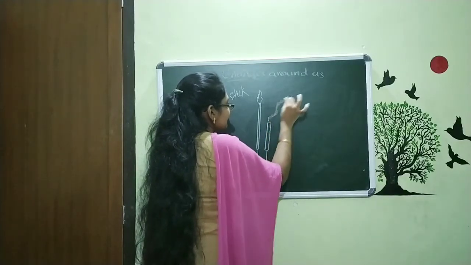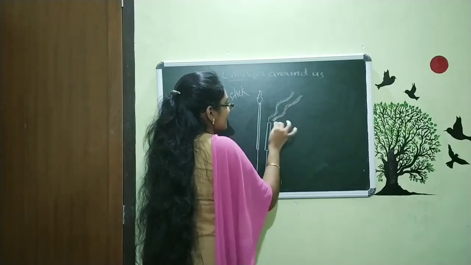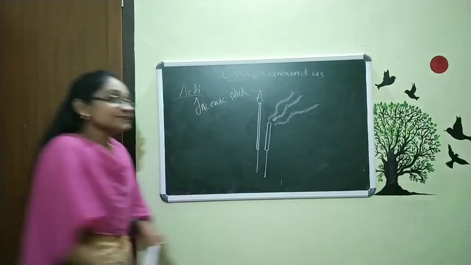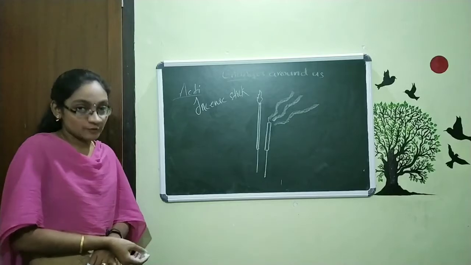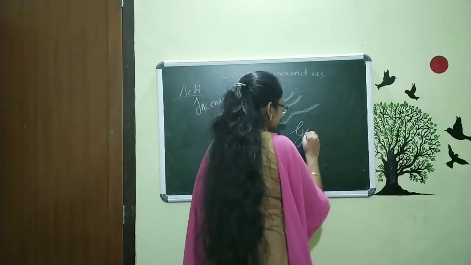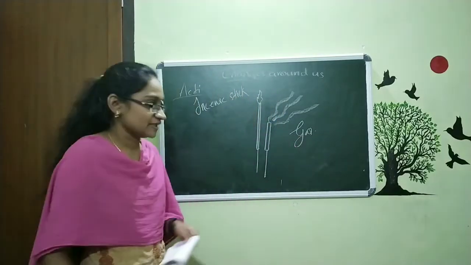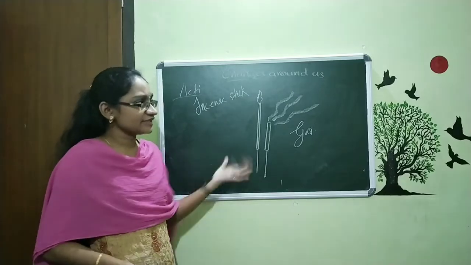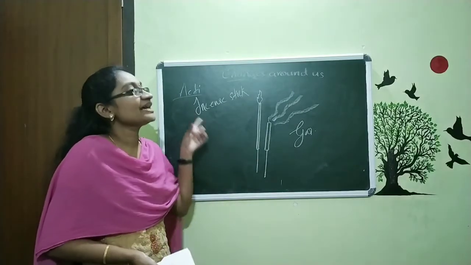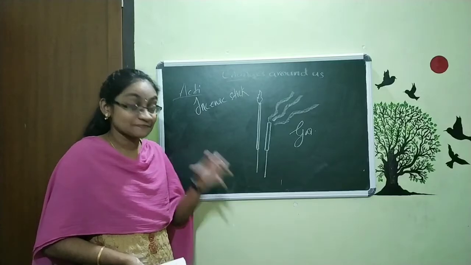And you can see some sort of gas is produced here. That gas has a very pleasant smell. In some cases we are not able to see it, but we can feel the pleasant smell.